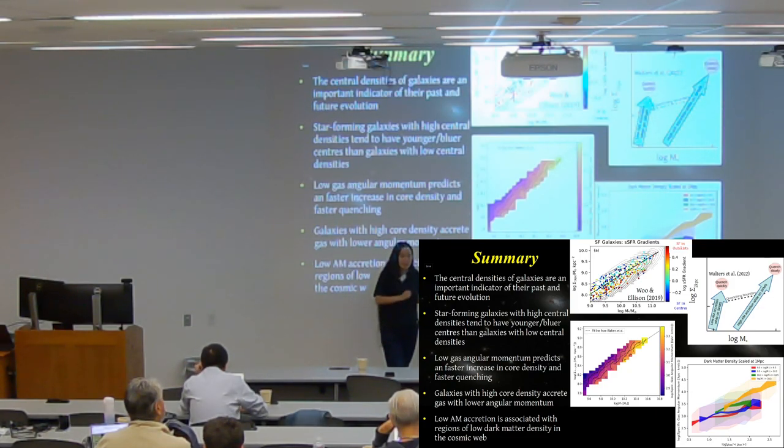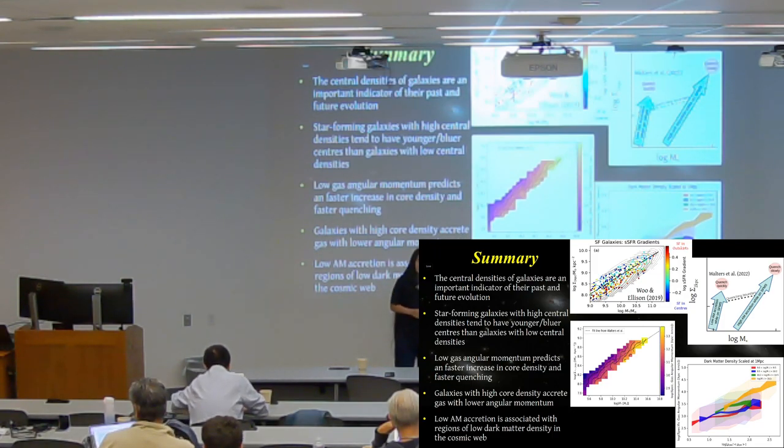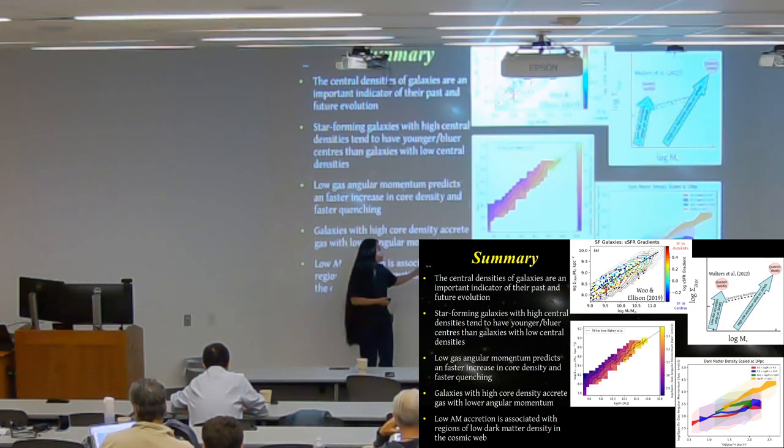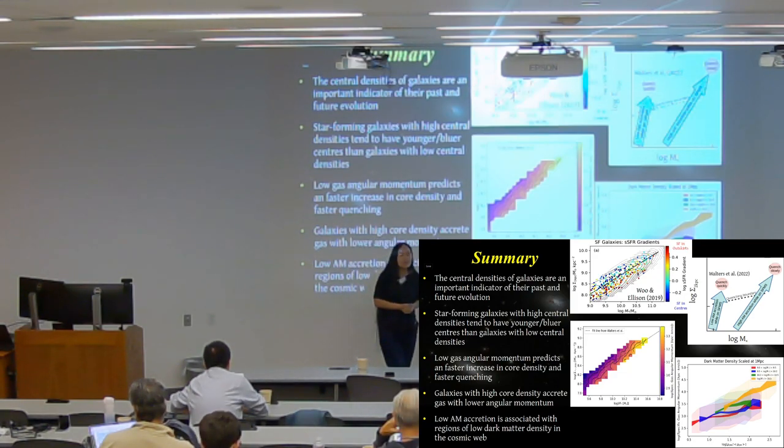The relationship between your sSFR gradient and angular momentum is stronger when you have higher angular momentum. But at low angular momentum, you are not guaranteed. So basically, if you have high angular momentum, you're guaranteed to be accreting on the outsides, but if you have low angular momentum, you're not guaranteed to be accreting on the insides. So there is quite a lot of scatter at low angular momentum, and this is preliminary work in progress, and we are exploring some of those reasons why. So that's a great point.